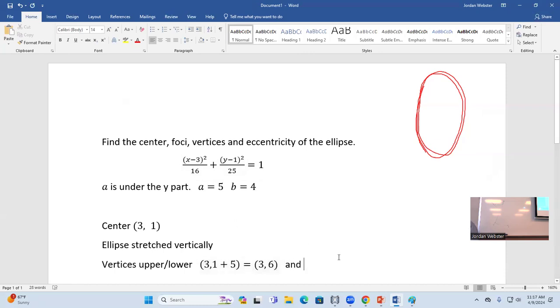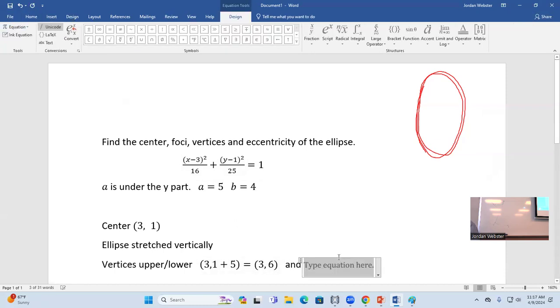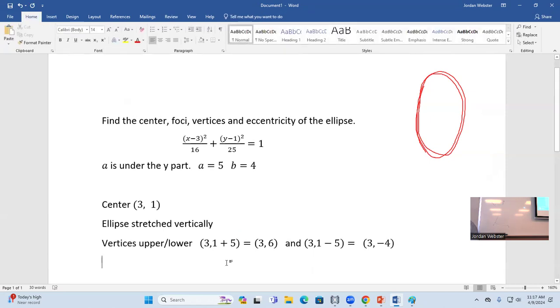And in order to get the lower vertex, I'm going to take 3, 1, and subtract 5 from the Y value. So my lower vertex is going to be 3, negative 4. Upper vertex is 3, 6.